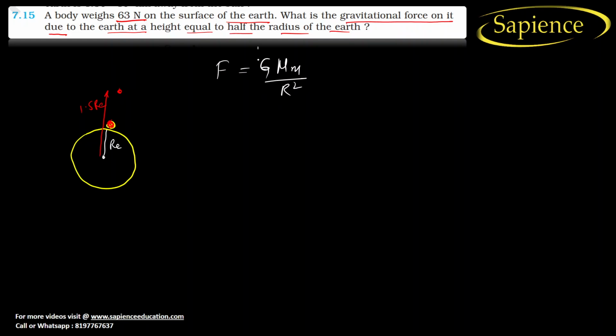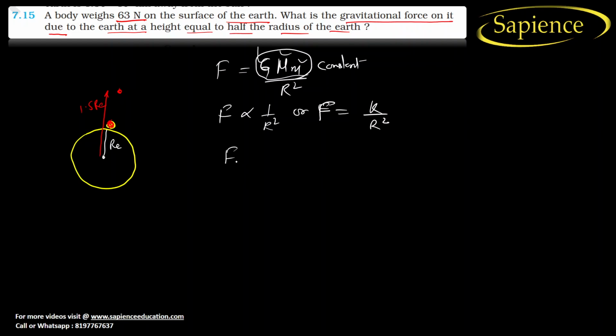So G is constant, capital M is the mass of the Earth, and small m is the same mass, so these will remain constant. So what will vary? The radius will vary. So F is proportional to 1 by R square, or F is equal to K by R square, we can write here.